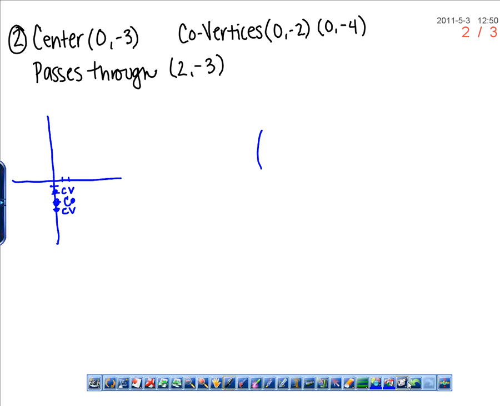X squared. How'd you know it was x squared? You're right. Because it would be x minus 0. Okay, that's the x value of your center. So x squared over something. Then what? Wait, what goes right here? Plus. And then what? Y plus 3 squared over something, and that's going to equal 1. Can we fill any of this in already?